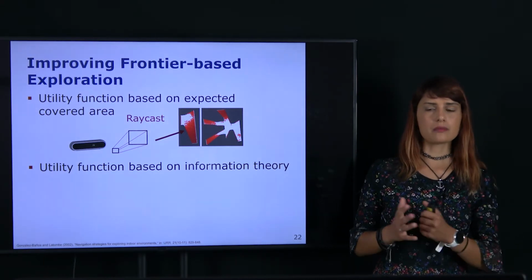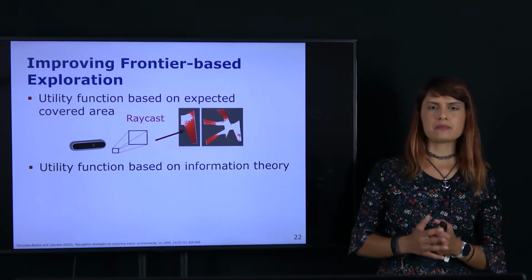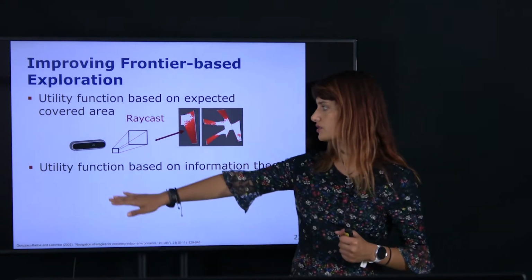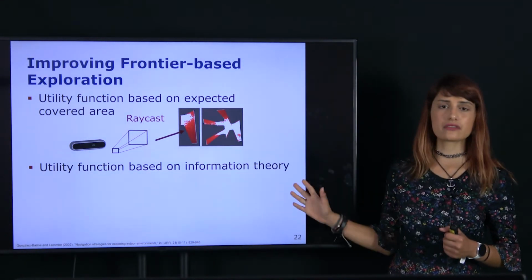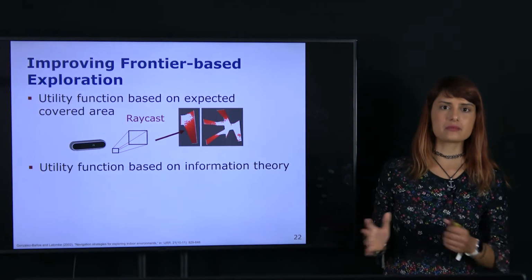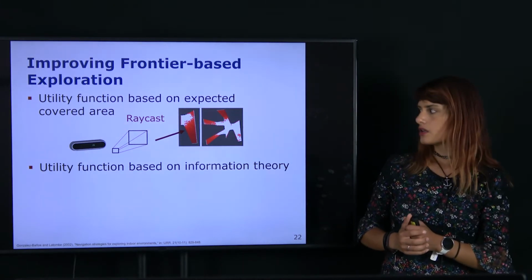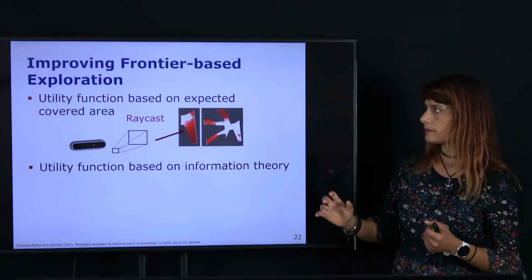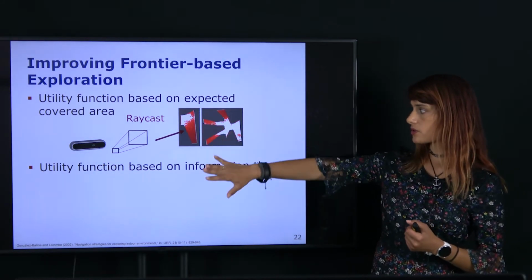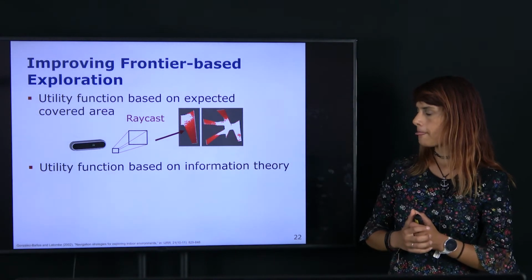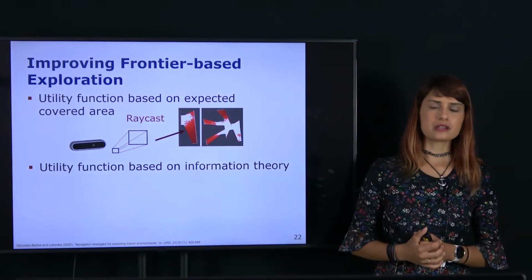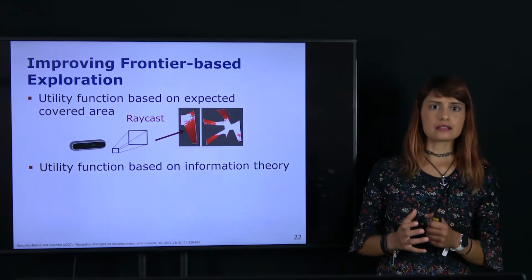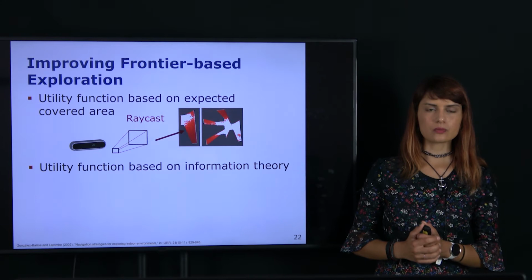If we care about the map quality, as we do in many inspection applications, then we might want to design a utility function based on the concept of information theory rather than just visibility and coverage. So instead of counting the number of cells that are seen either from a particular robot pose or on a frontier region, we can now study the occupancy probability that is maintained in our occupancy map and design a utility function based on that.